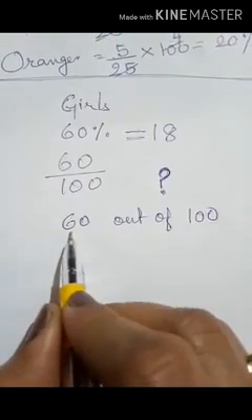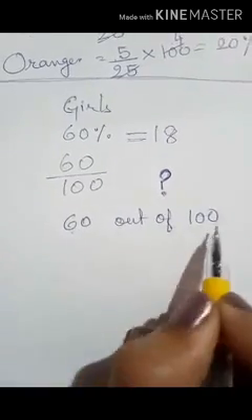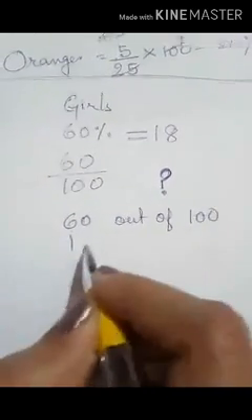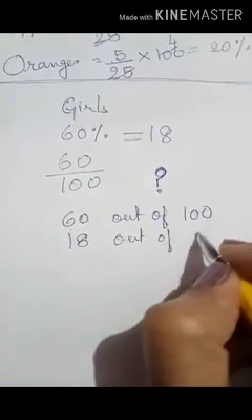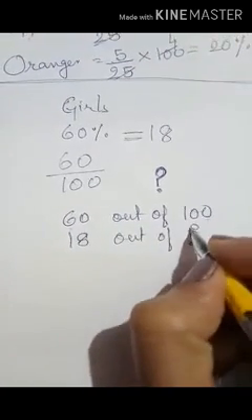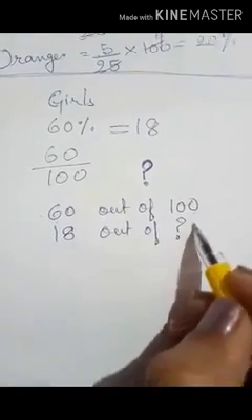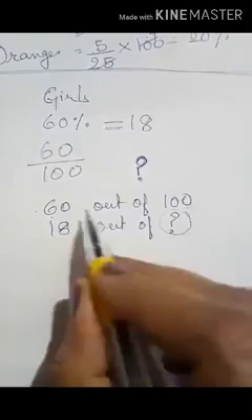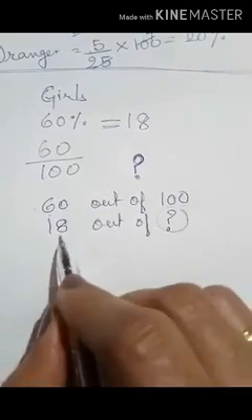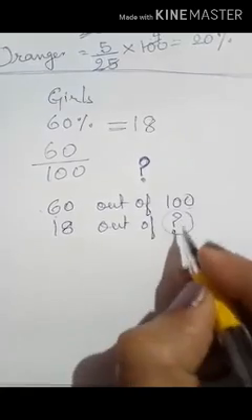That's why we'll write it like this: 60 out of 100 means 60 girls out of 100 students. So 18 out of how many? That's the question mark. Now whenever you use this method, the unknown quantity has to come on the right hand side down. Two numbers are written up, one is written down, and this number has to come on the right hand side down.